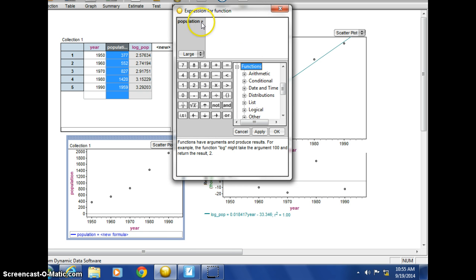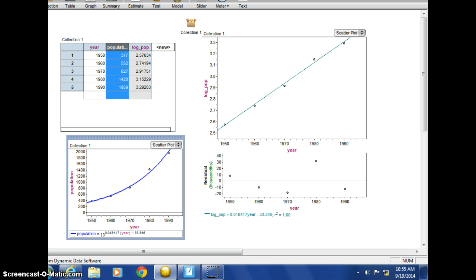It already gives you population equals, so we're going to type in 10, then raised to, we're going to do that caret, and you're going to see Fathom put it up there. And we're going to type in the function that we see. So type it in, and then push enter. And wow, it looks great. Looks super.